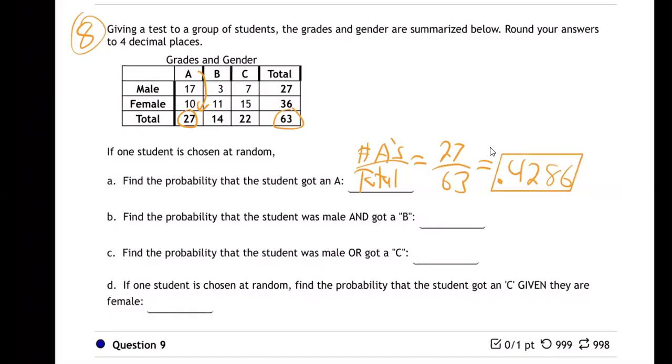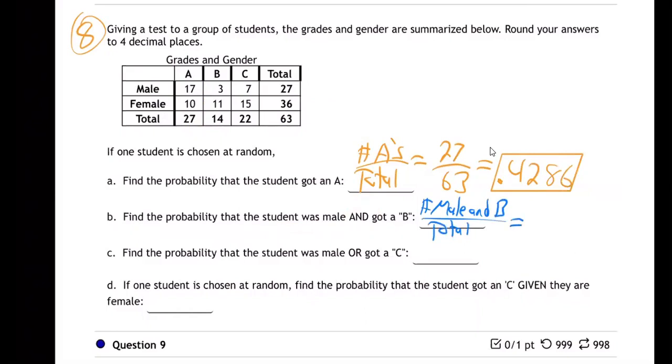Next question. Find the probability that a student was male and got a B. So in this table, how many are male and got a B? The number that are male and got a B over the total.